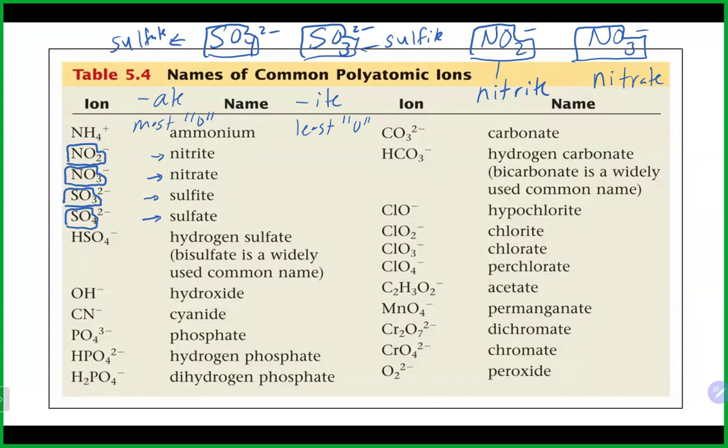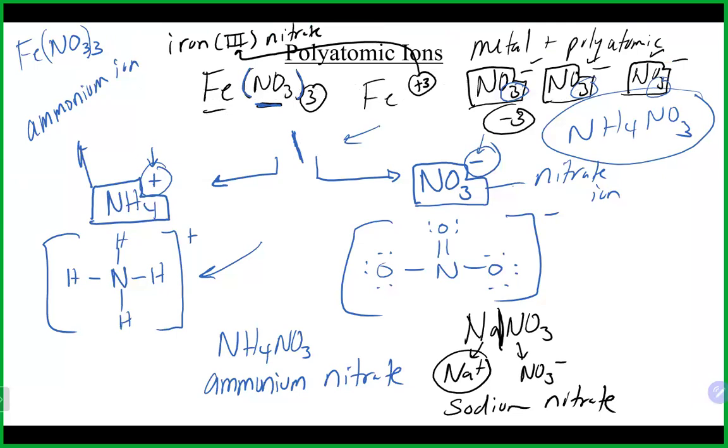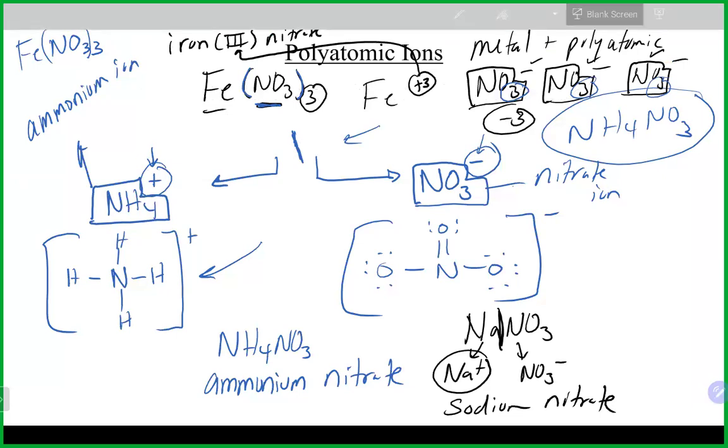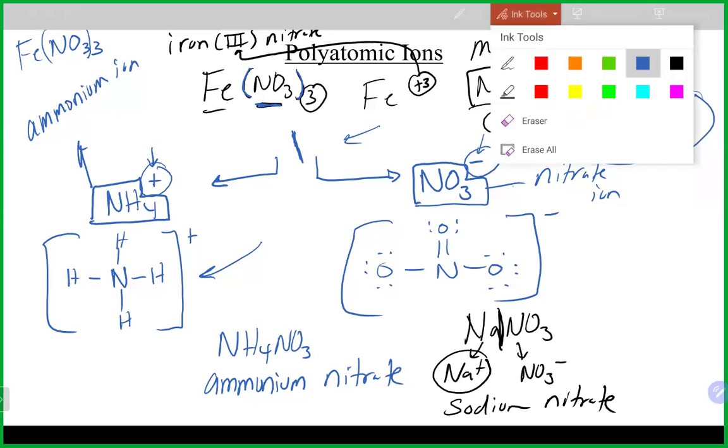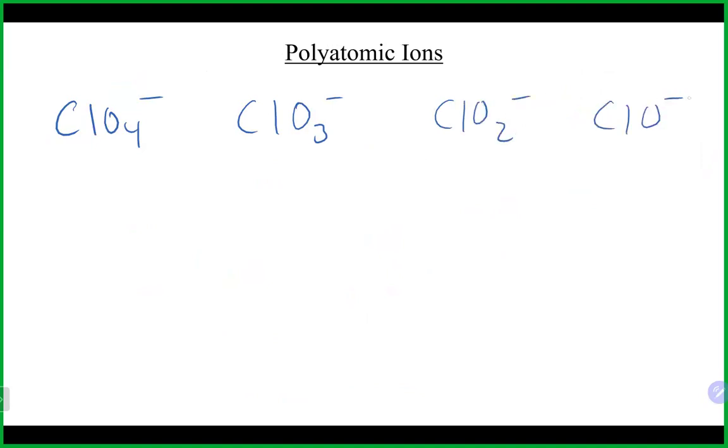Now, there are some other things that you sometimes will see. There are groups of 4 that are related to each other. Right here is our common group of 4. If you look at ClO4 minus, ClO3 minus, ClO2 minus, ClO minus, every single one of these has a -1 charge.